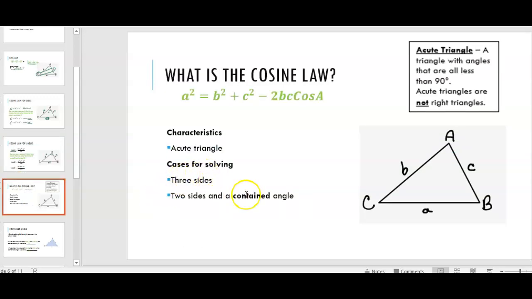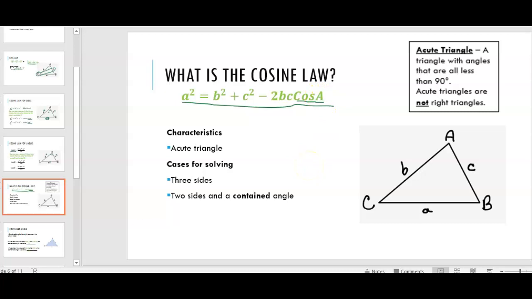Now let's check the cases when we can use cosine law. Again, the formula that you need to view is only this. When you have cosine, you can plug in all the variables and you're going to isolate the cosine of the angle A, and you're going to solve using the inverse for the angle.